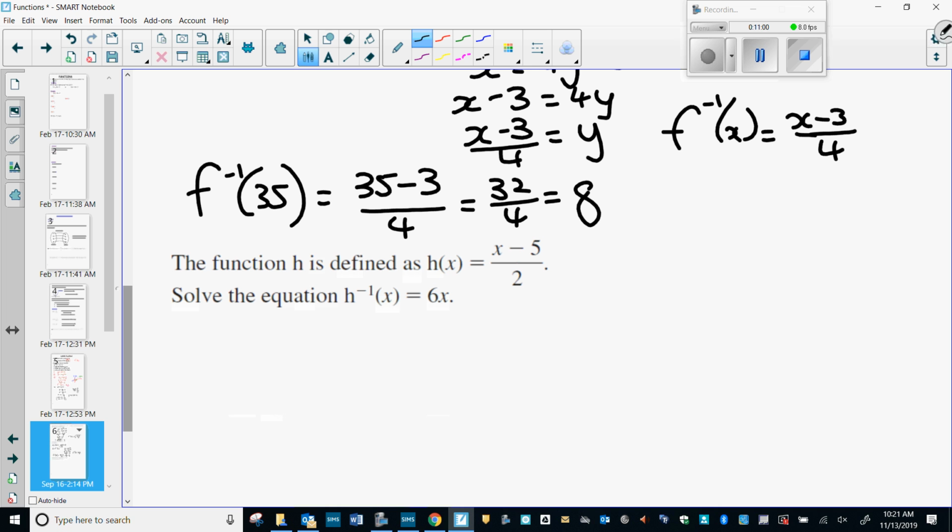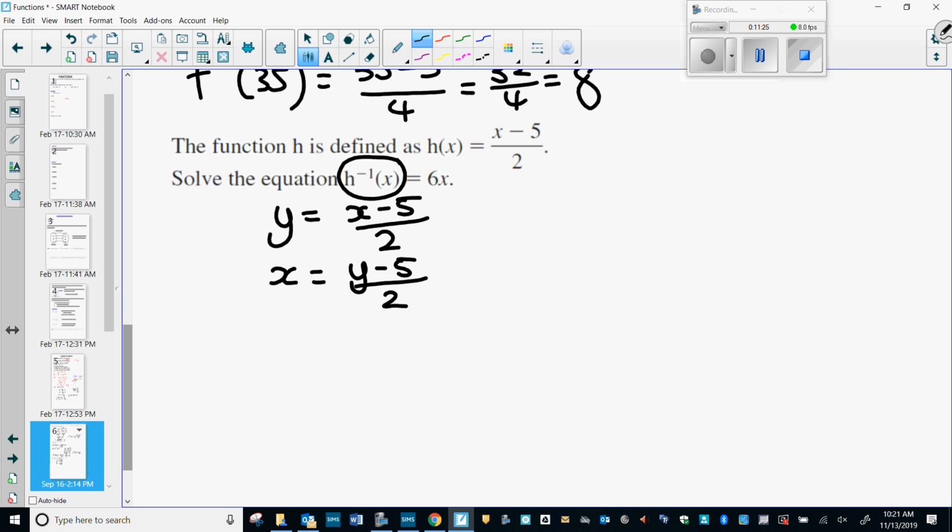And next one, the function h is defined as blah blah. Solve the equation h⁻¹(x) equals 6x. Okay, so we need to solve an equation, but we've talked about the inverse function. So we need to find an expression for that first of all. So we've got y equals (x minus 5) over 2. x equals (y minus 5) over 2.